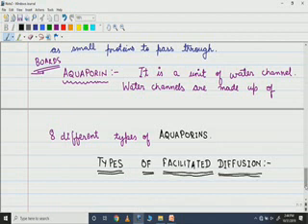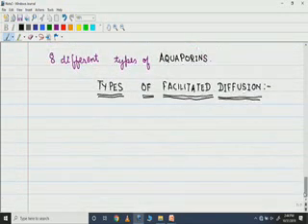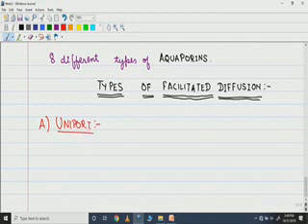First is uniport, symport, antiport. Facilitated diffusion has 3 different types. So let us discuss these first. Uniport. In this type of transport, only one substance can pass in one direction.